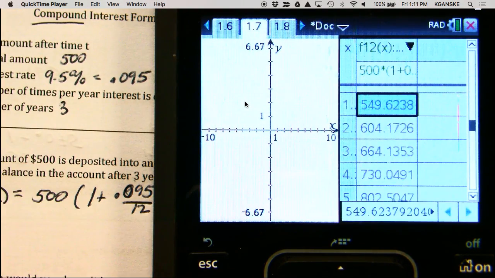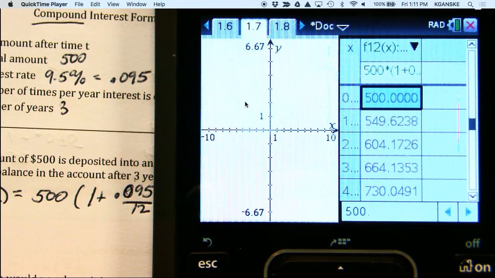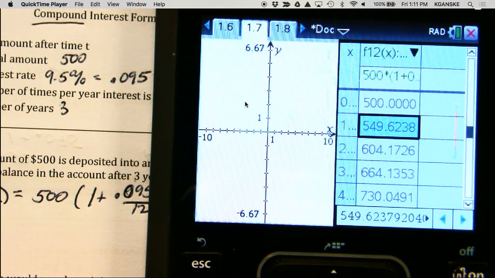We want it for how many? 3 years, right? Okay, so look, this is how big it's going to be after 3 years. So I started at 500. After the first year, it was 549. Okay, 9%.